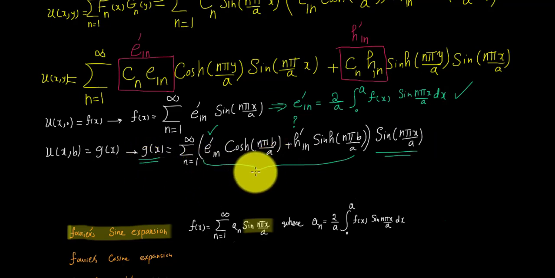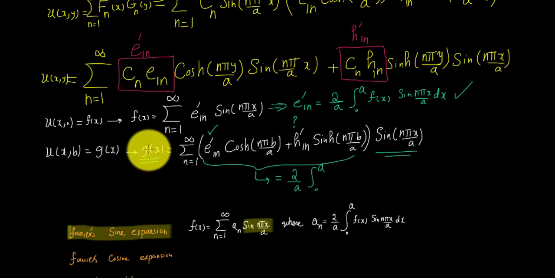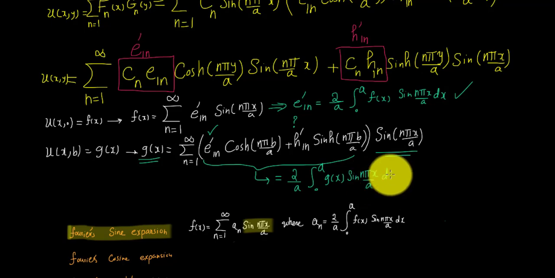So this coefficient, meaning e prime 1n cosine hyperbolic of n pi b over a plus h prime 1n times sine hyperbolic of n pi b over a, is equal to 2 over a times the integral from 0 to a of g of x times sine of n pi x over a dx.